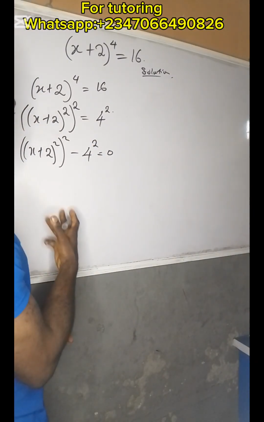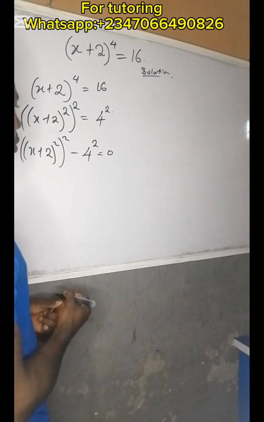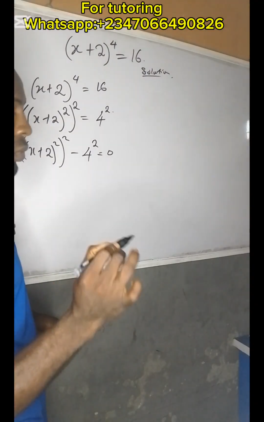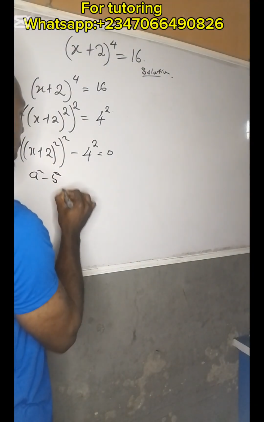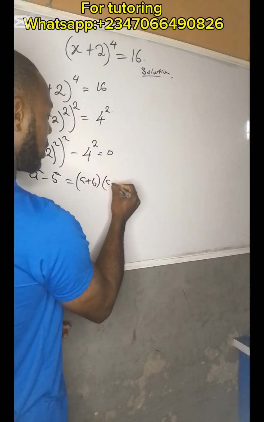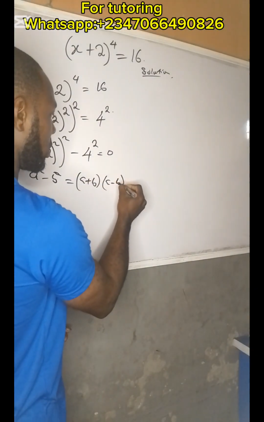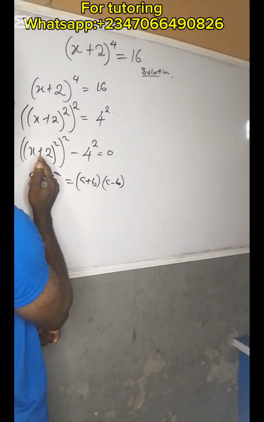Now, this is a difference of two squares. Don't forget that a squared minus b squared equals (a plus b) multiplied by (a minus b). Applying it here, this is our a and this is our b.